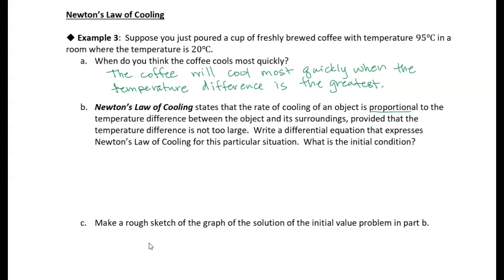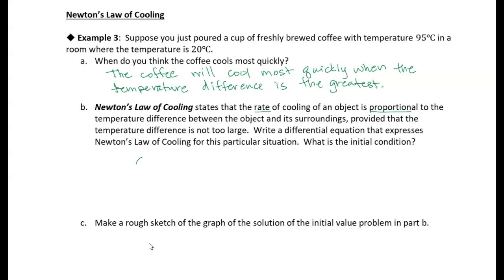So we're asked to write a differential equation that expresses Newton's law of cooling for this particular situation. Let's think about what it says. It says that the rate of cooling, that's basically the rate of temperature change.